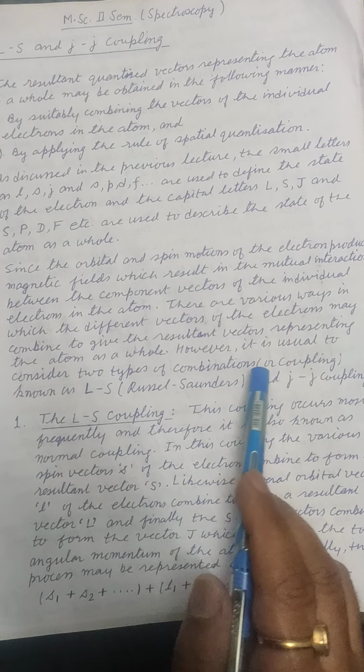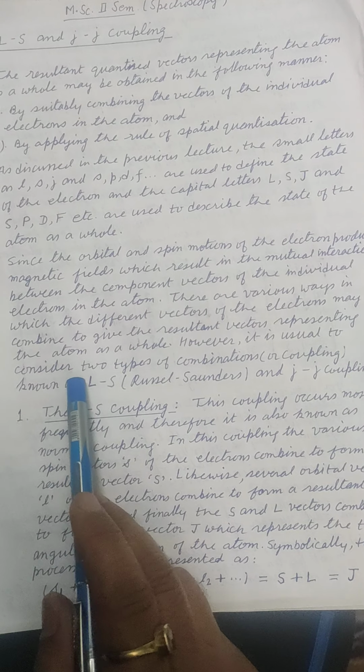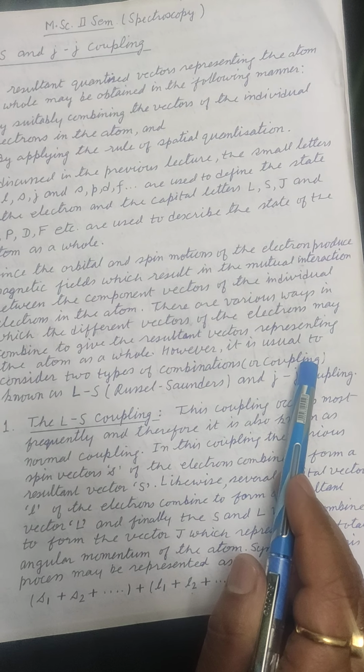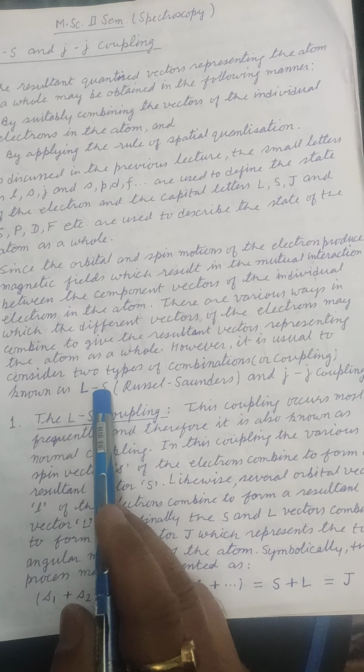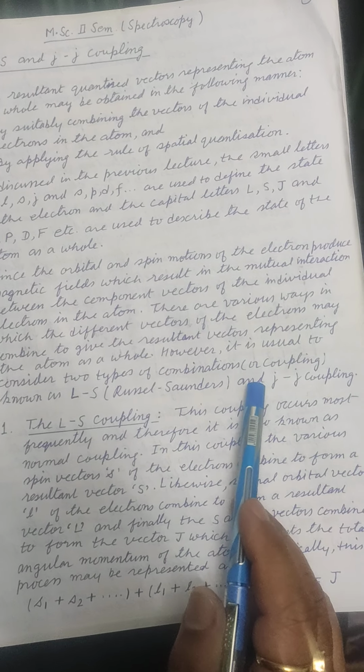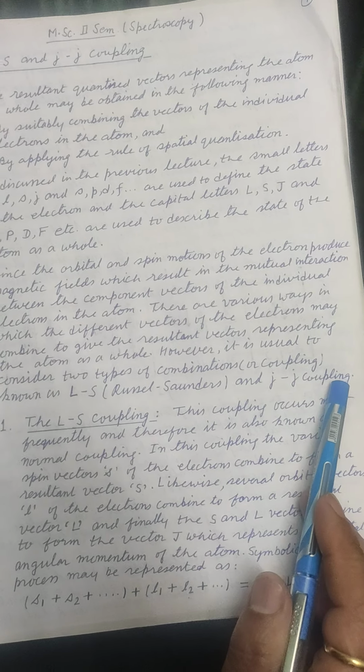However, it is usual to consider two types of combination, which is called the coupling, known as LS, which is called the Russell-Saunders coupling, and JJ coupling.